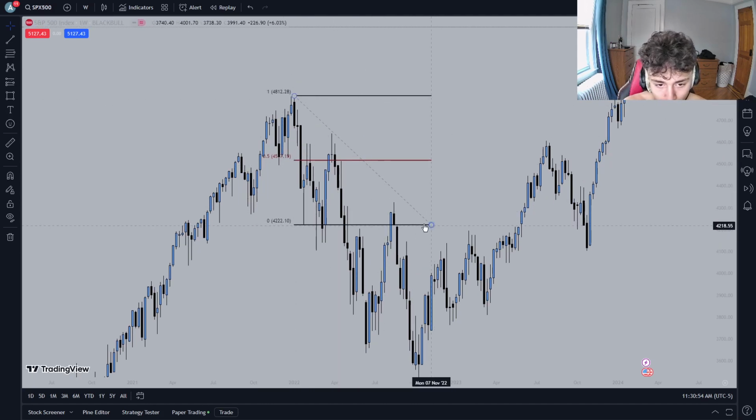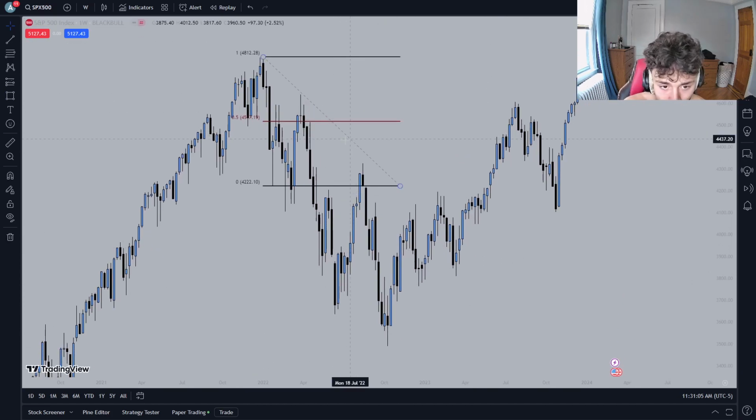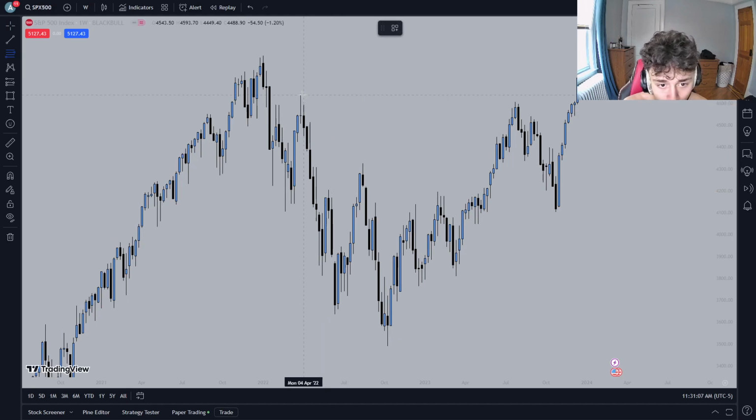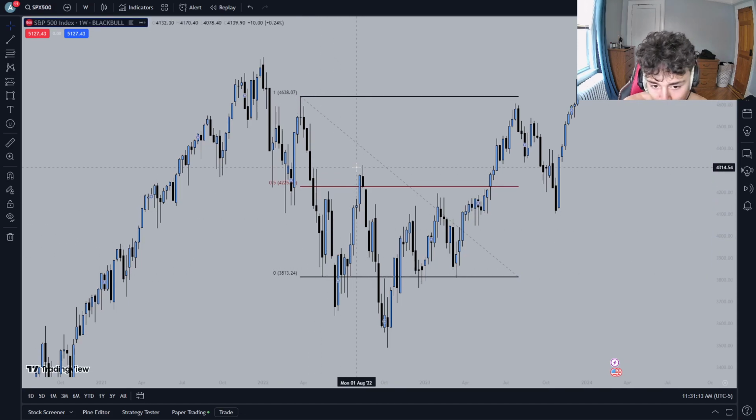It came back up into the equilibrium, rebalanced into this fair value gap, and fell so hard. And now look, you can measure it from the other range, from this high to this low. What does it do? Taps right back into equilibrium.